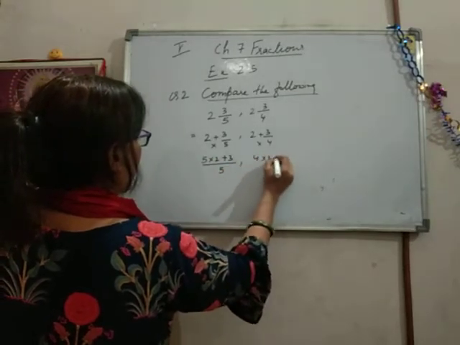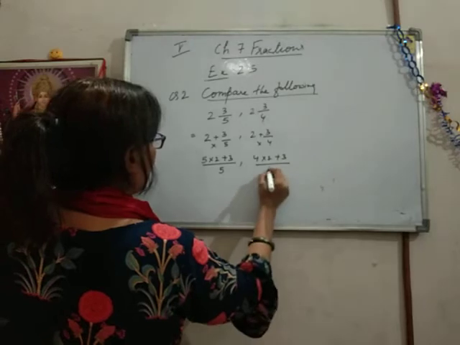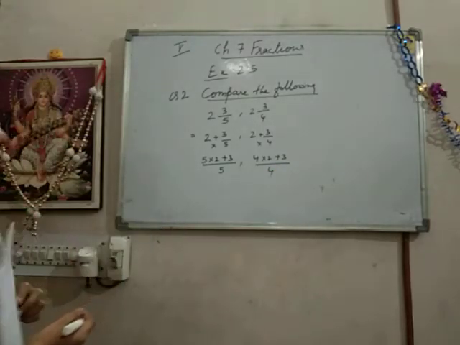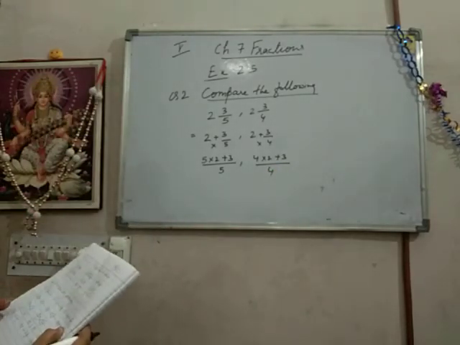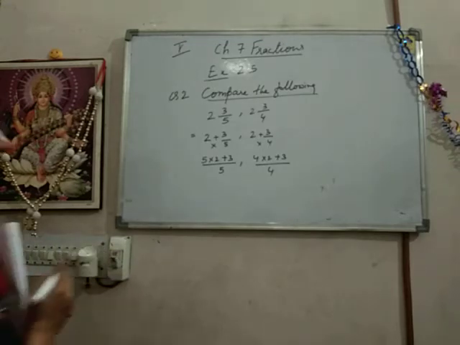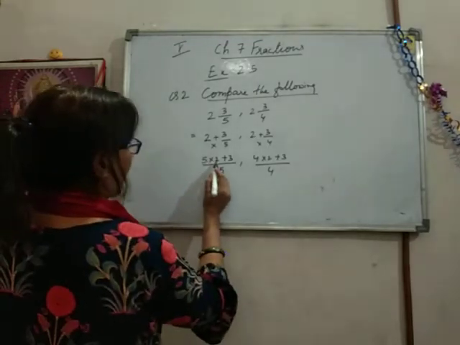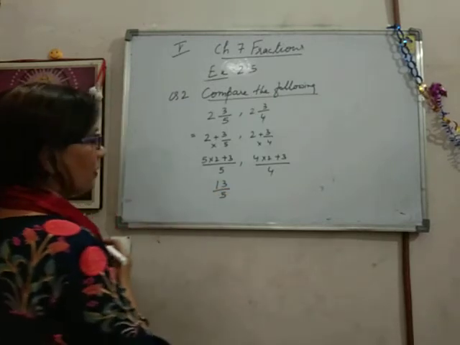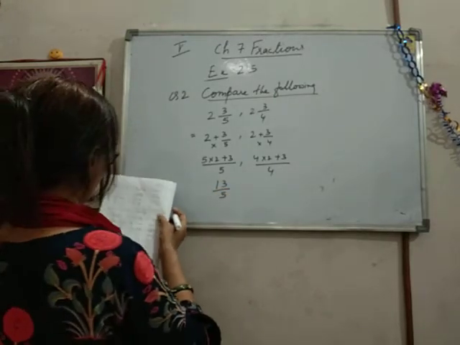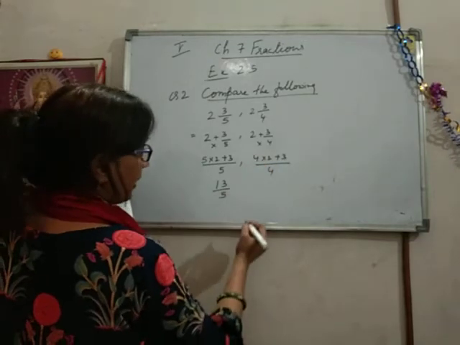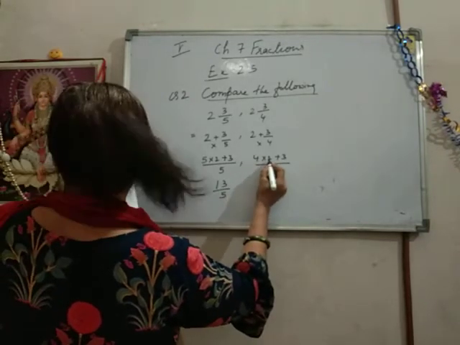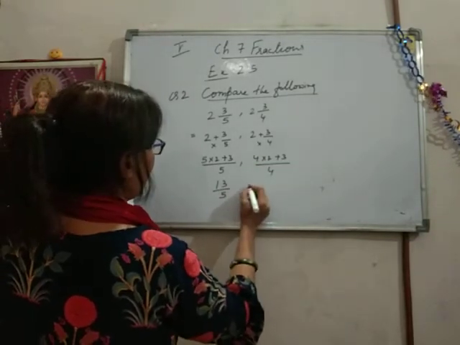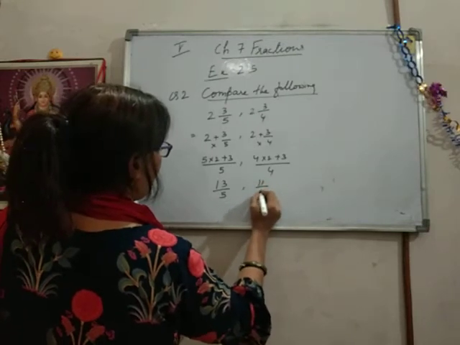Here 4 multiplied by 2 plus 3 upon 4. Understood this? Okay, now we solve. 5 2s are 10. 10 plus 3, 13. I am getting 13 upon 5. Okay students, it is a little bit lengthy question. 4 2s are 8. 8 plus 3, 11. Next one I am getting 11 upon 4.